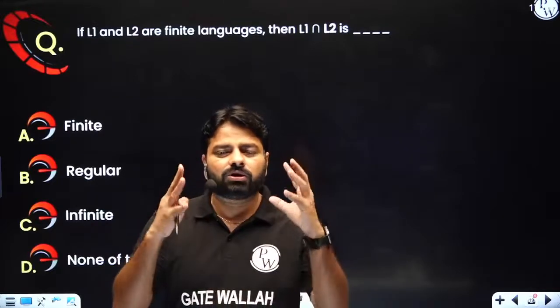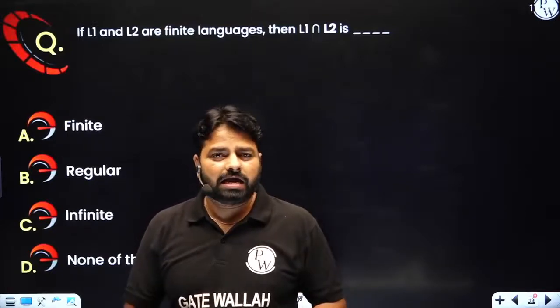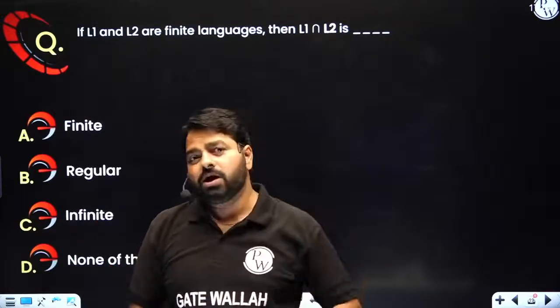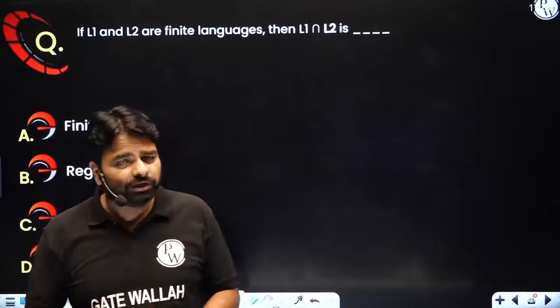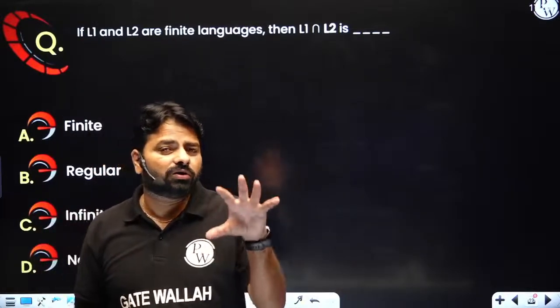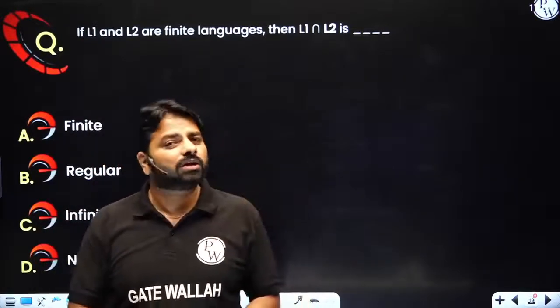When we are talking about the closure property, you should think about the in and out of the operation. If an input is given, what is the output? If the output is given, what are the possible answers for the input? So these things should come into the picture when you are learning about the closure property.